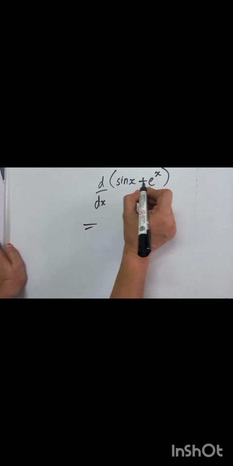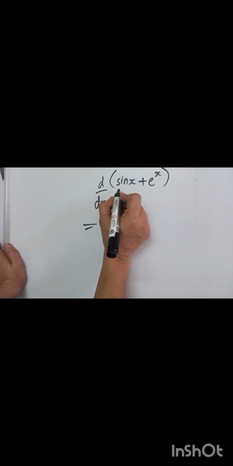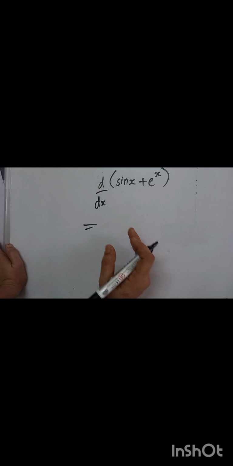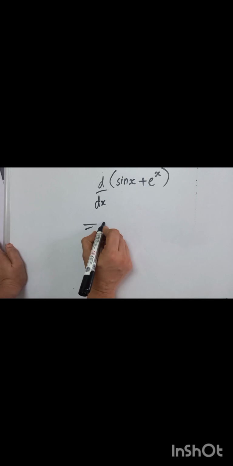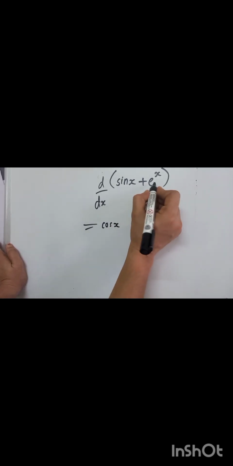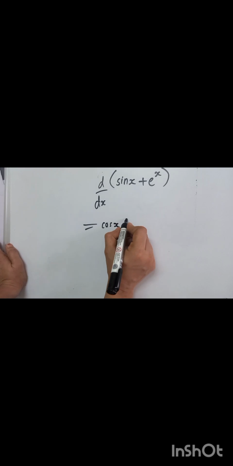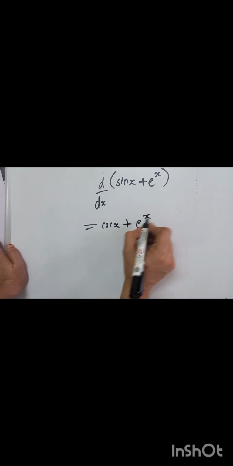Derivative of the first function plus derivative of the second function. I'm not writing the in-between steps, but in exams you have to write the in-between steps. I'll just write the answer. Derivative of sin x is cos x. Derivative of e to the power x is e to the power x. In between, what is the sign? Plus. So the answer will be cos x plus e to the power x.